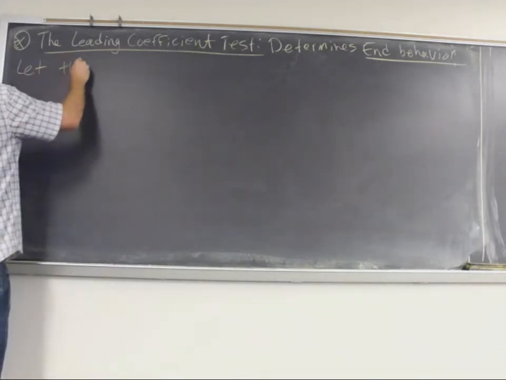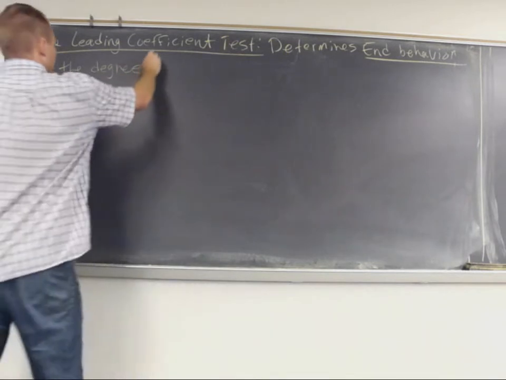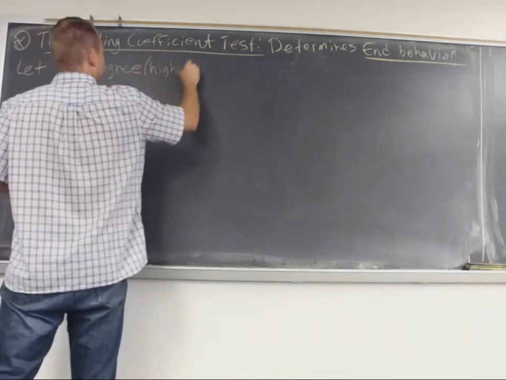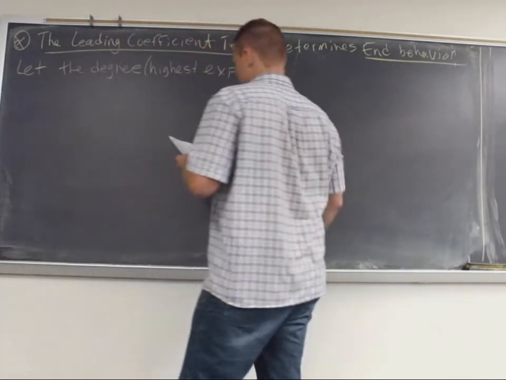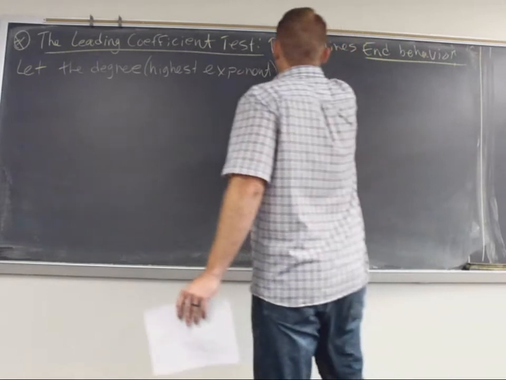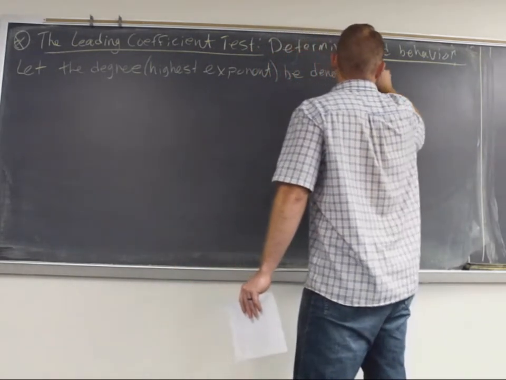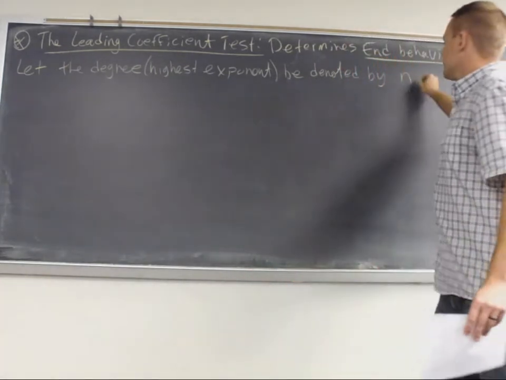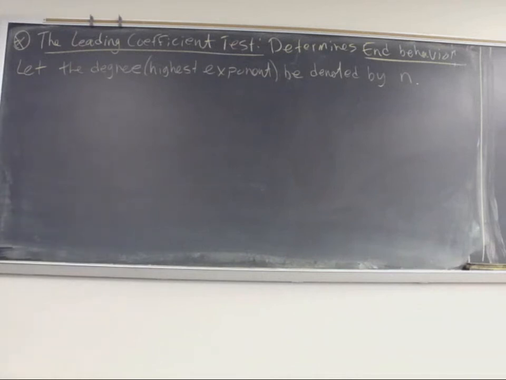Let the degree, which is the highest exponent, be denoted by n. All right, so this is how the leading coefficient test starts and is set up. And then we're also going to have the LC, which is the leading coefficient.